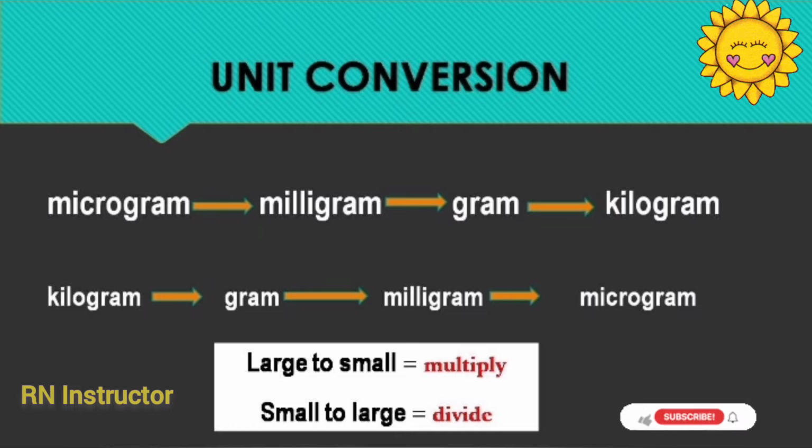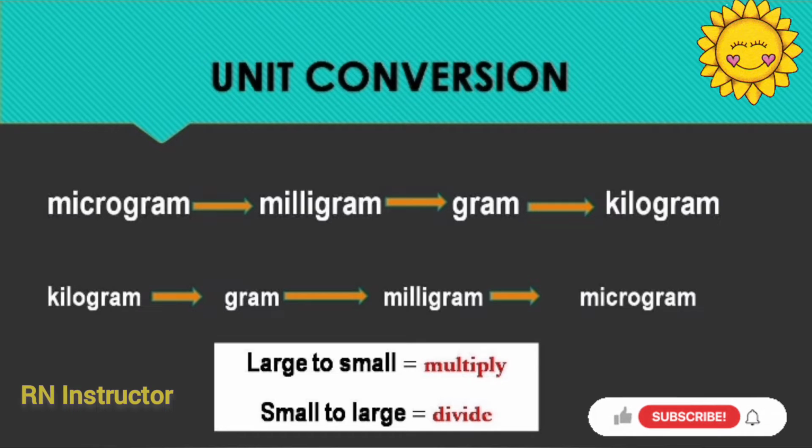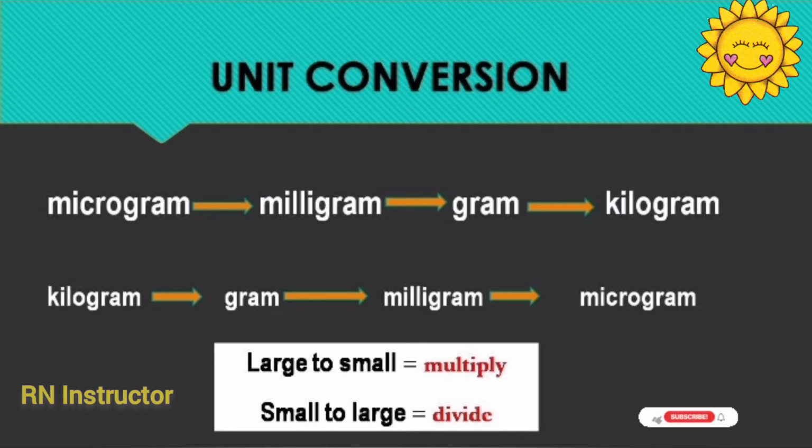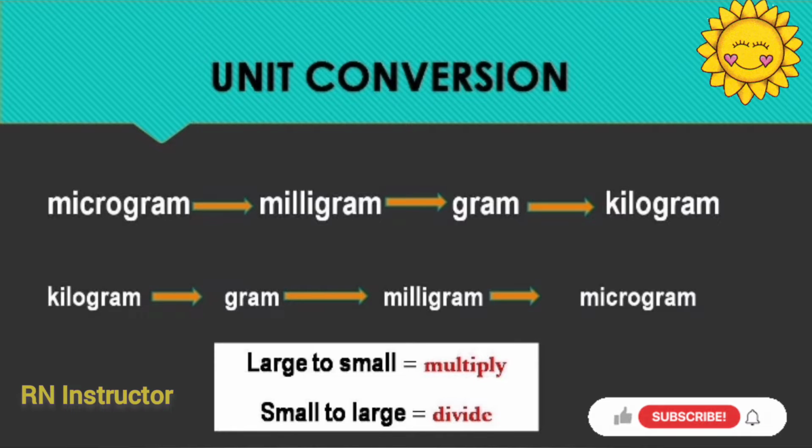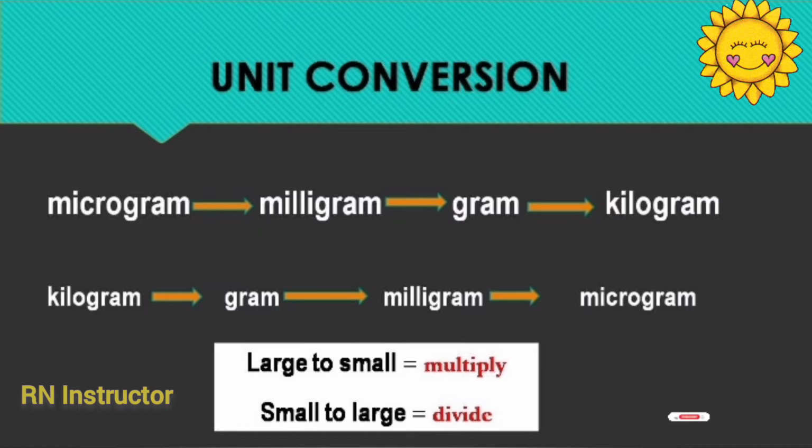Here, the conversions can be like micrograms can be converted to milligrams, then to grams and then kilograms. Whereas if you are receiving kilograms in the question and the doctor's order is in grams, you can convert from kilograms to grams, grams to milligrams, then to micrograms, from the larger to the smaller units.